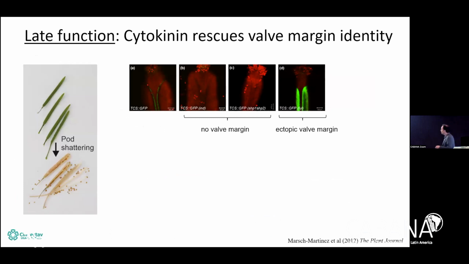So those were all early functions of cytokinin. There are also some later functions, in crops or in species, even in Arabidopsis, although it's not really a crop. We call this pod shattering, when the fruit opens. When the fruit dries, it breaks open and the seed comes out.